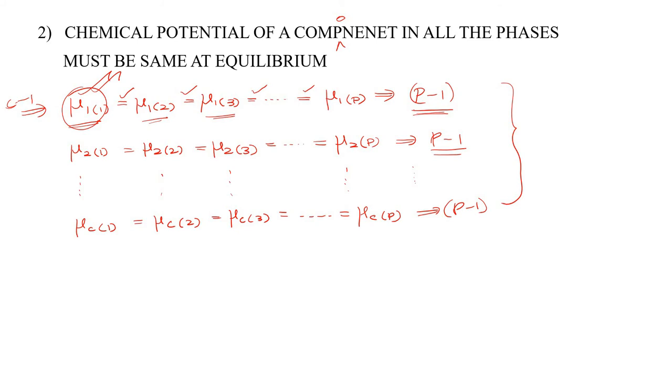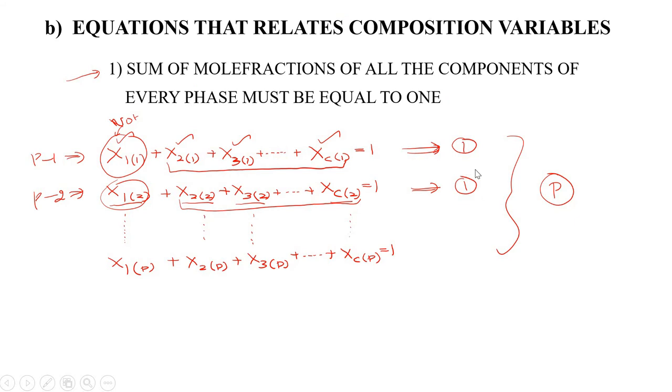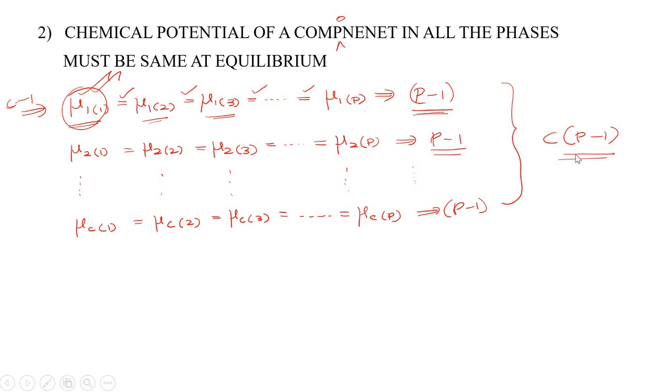So totally we have C components, so C into p minus 1 variables you need not fix, because these variables get automatically fixed once you know one of the variables in each equation. So these two conditions: the first equation gives p variables to be subtracted from the total, and this equation gives you C into p minus 1 variables to be subtracted from the total.